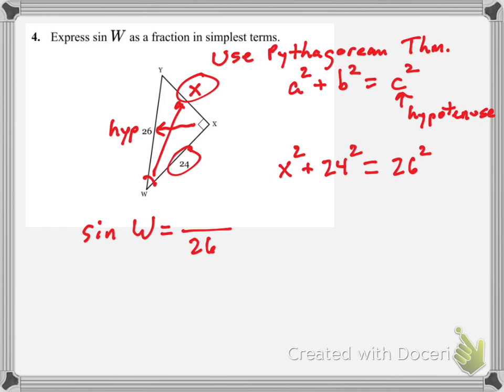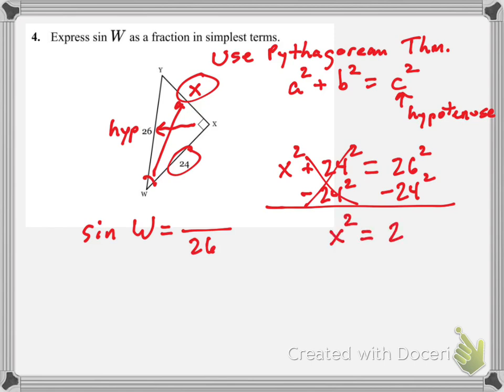We are only going to use the calculator one time. That's it. So I don't care what 24 squared is. I don't care what 26 squared is. I know I have to subtract whatever 24 squared is from both sides. So those go away, and I've got x squared equals 26 squared minus 24 squared. I don't care what it is. Don't find it. Don't put it in the calculator.